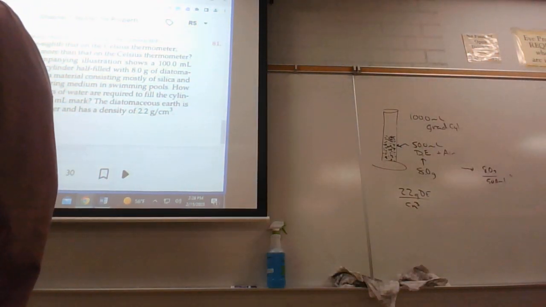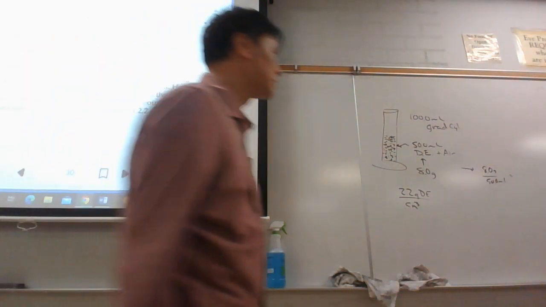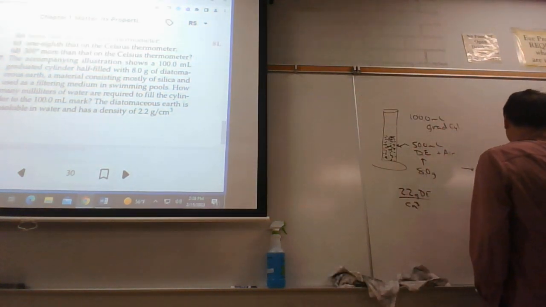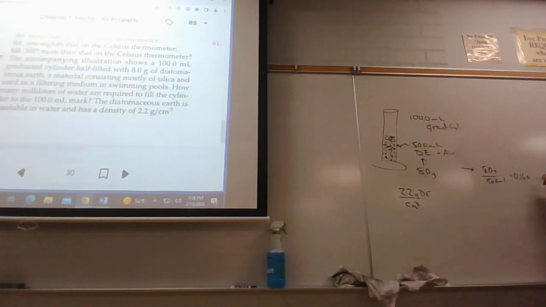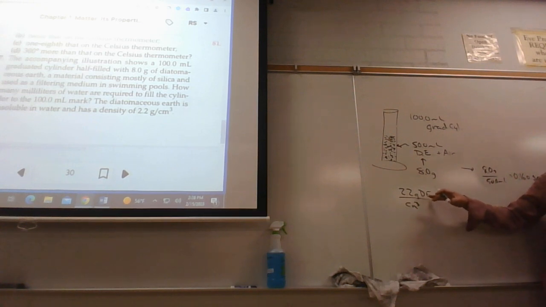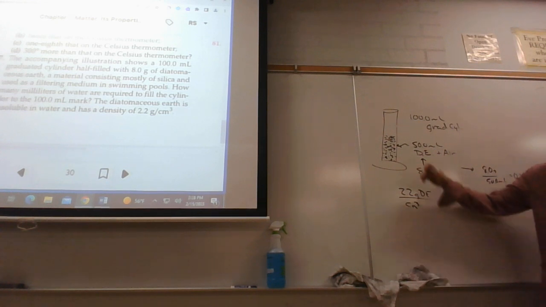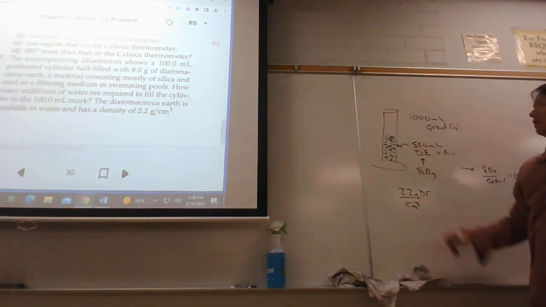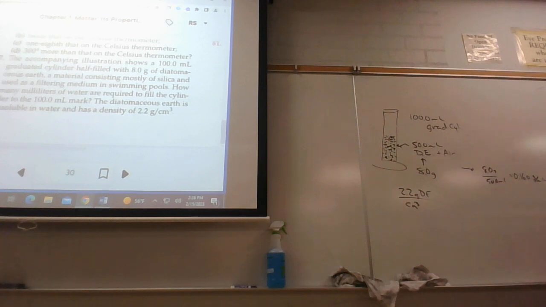So it's 8 divided by 50, 0.16 grams per milliliter. So the density of this diatomaceous earth and air is only 0.16 grams per milliliter, compared to the density of the diatomaceous earth itself, which is 2.2 grams per cubic centimeter. So how can we figure out how much water is going to be added here?